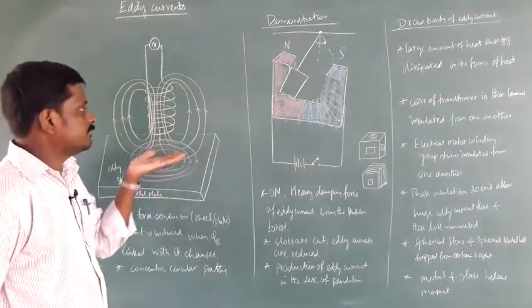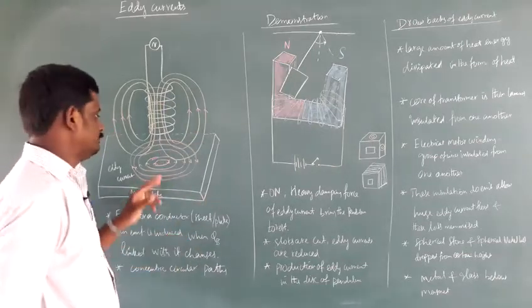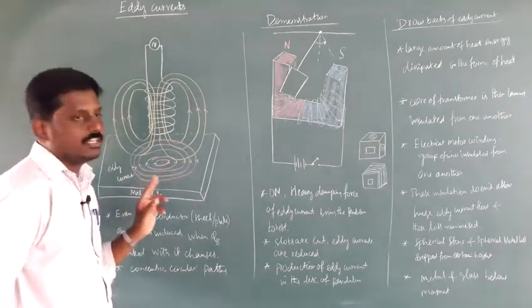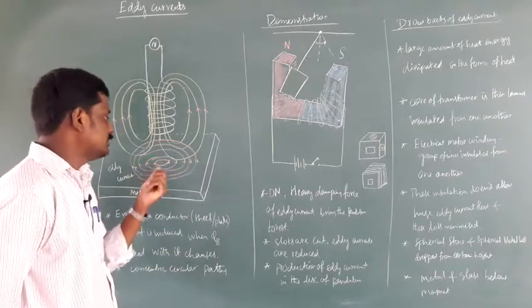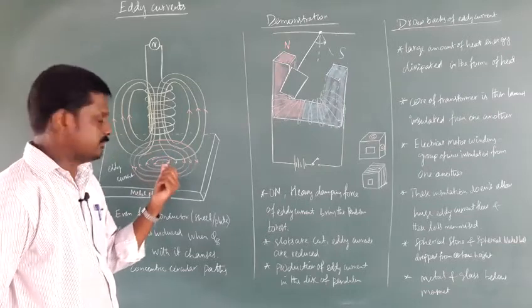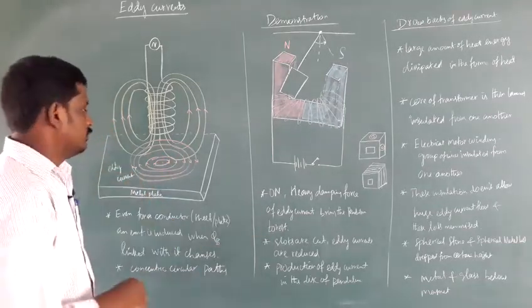There is a change in magnetic flux linked with the metal plate or sheet, so an induced EMF or induced current is produced. But here the induced current flows in concentric circular loops. In a plain sheet, it looks like eddies, like water circles.